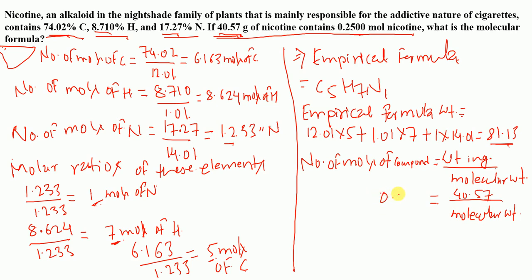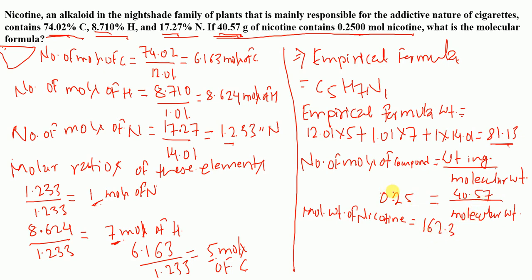So from here we will get the molecular weight of nicotine, which will be equal to 162.3 grams.